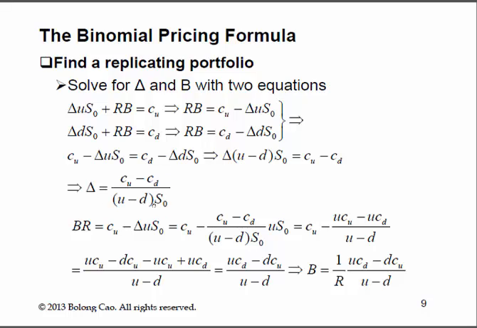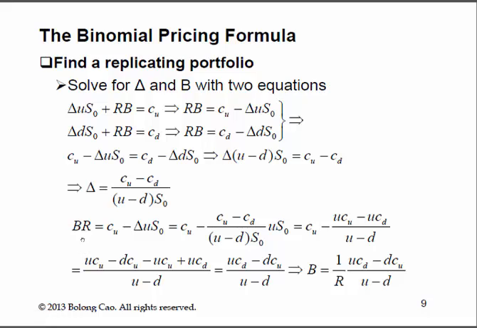Once you have delta, we can plug delta back into either equation to get an expression for the borrowed amount, B. So for RB, we just use the first equation in the upstate: the payoff to the call option in the upstate minus delta times U times the spot price of the underlying. We bring delta into this place, you get this whole expression, and the underlying cancels out.